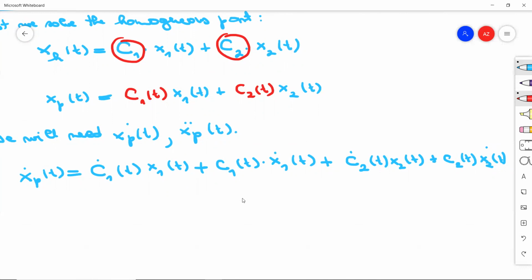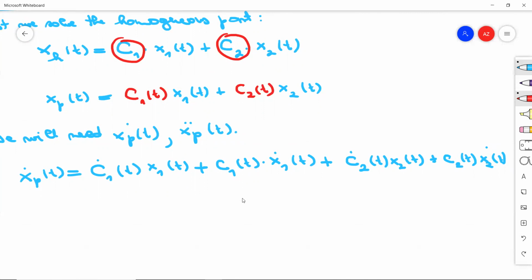Since we have 2 unknown functions and only 1 equation when we plug this into our initial differential equation, we will have 1 degree of freedom.